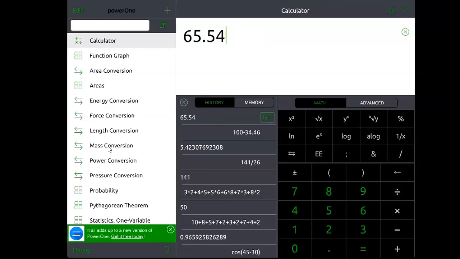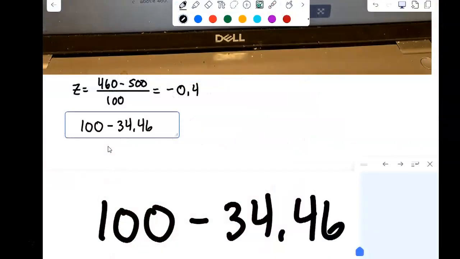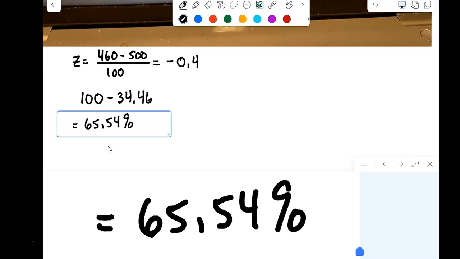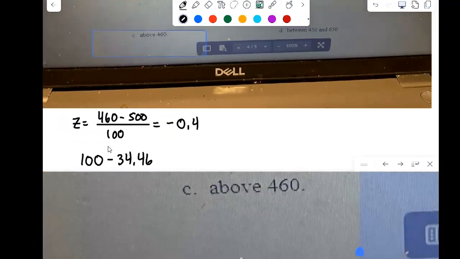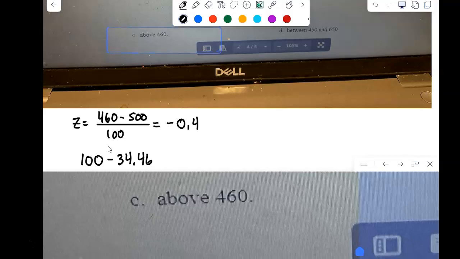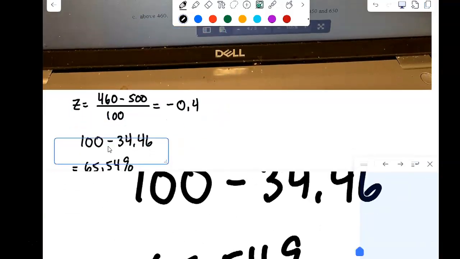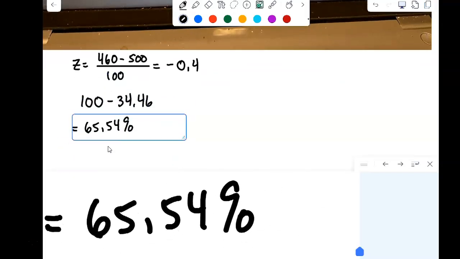So it turns out 65.54%. So about 2/3 of people that take the SAT test score above 460. Okay?